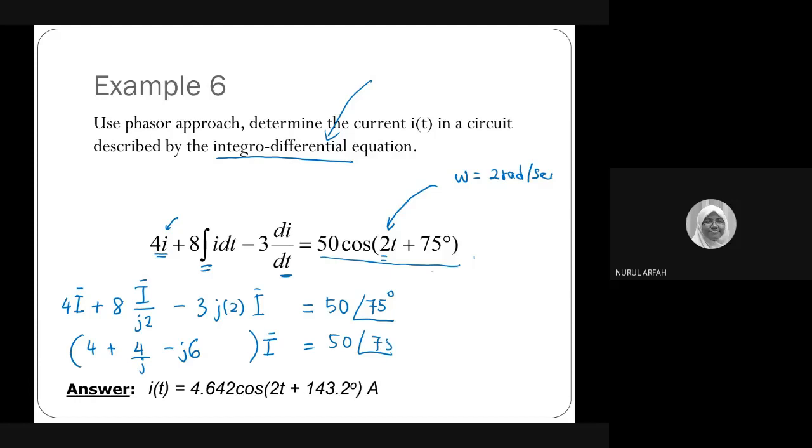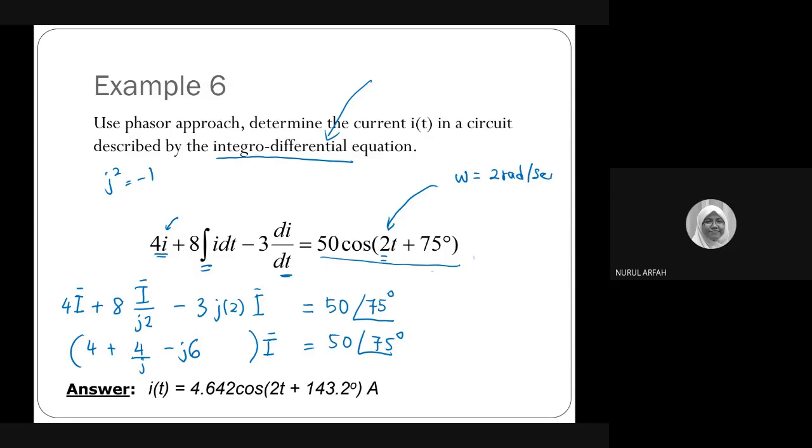And then can we simplify the middle part here? How to simplify this one, 4 divided by j? You can use the one you learn from math: j square is negative 1. Times with j, then everything will be times with j.